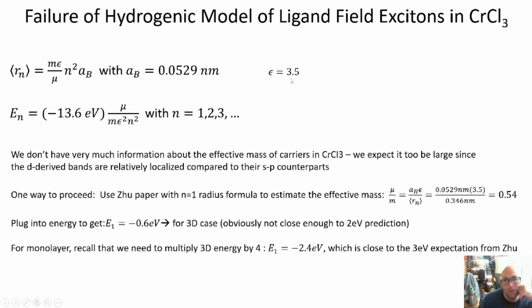Why would you choose to use a macroscopic materials parameter to describe electron-hole interactions on a single ion site? Perhaps it would be better to use a smaller value. Maybe you should even just use the bare dielectric constant of vacuum in this case. That's one thing that I have been thinking about, that it might be better to just use epsilon equals 1.